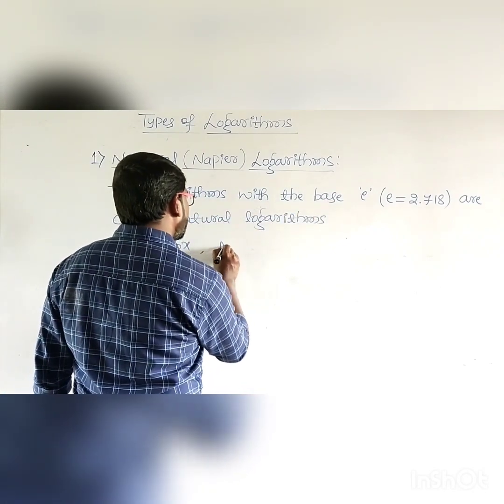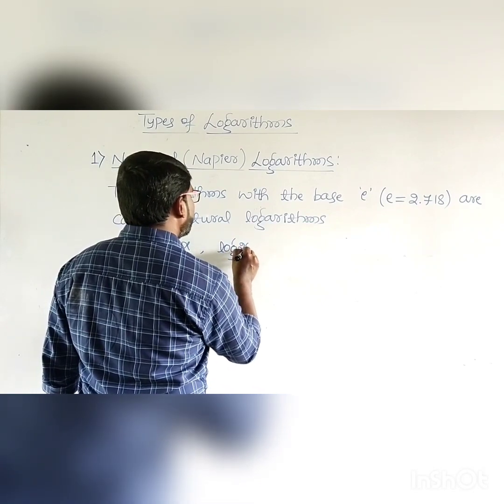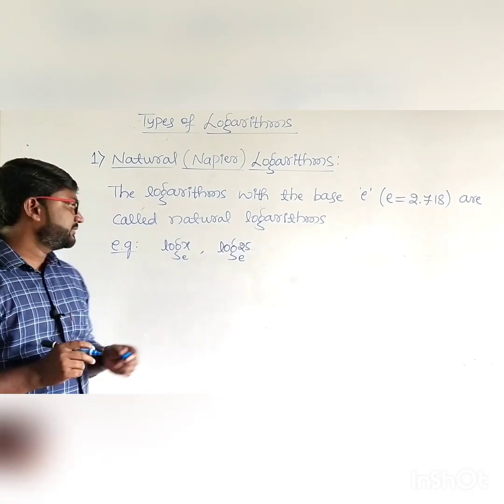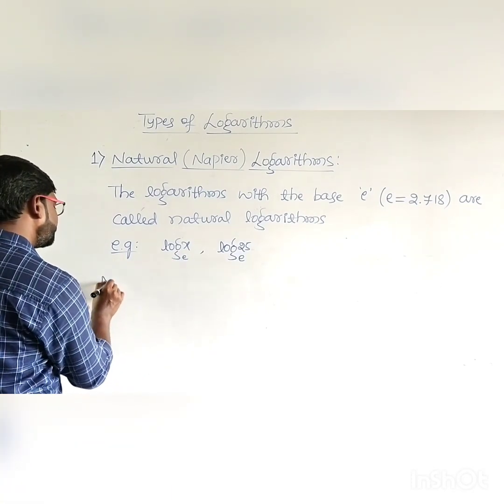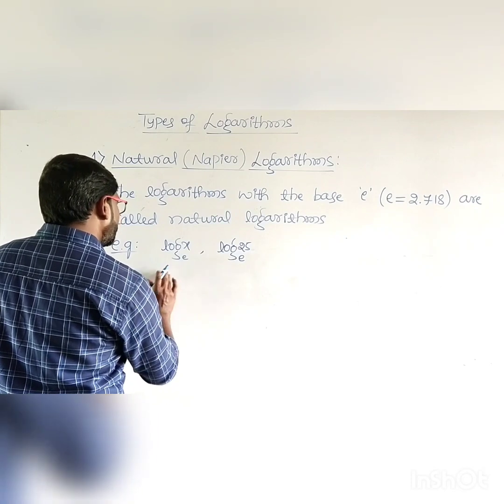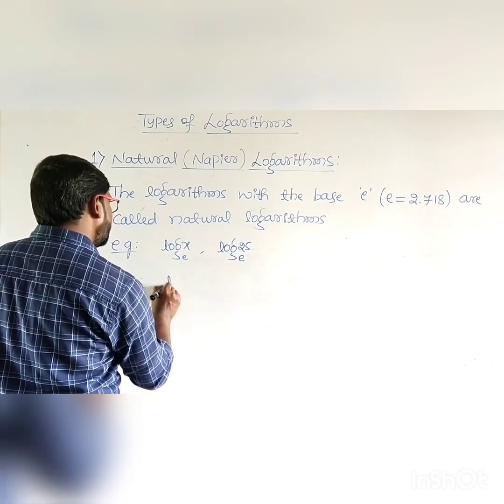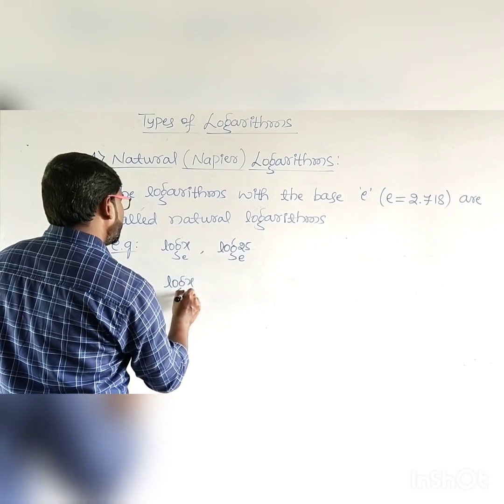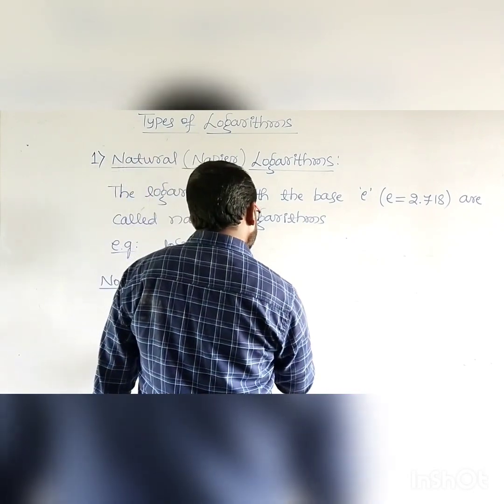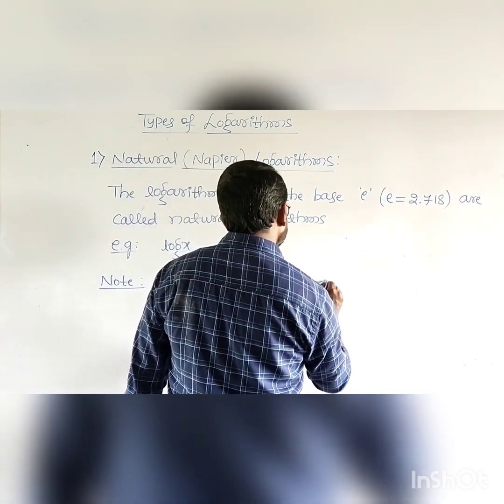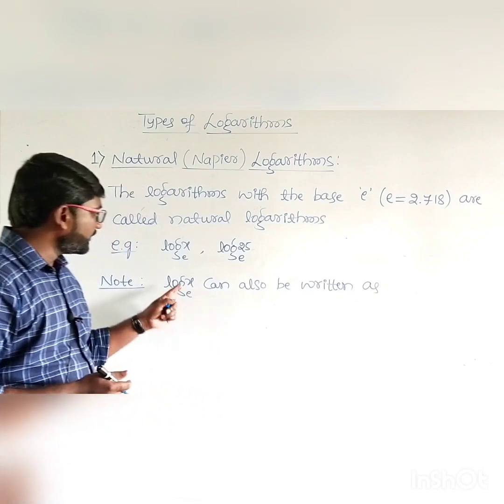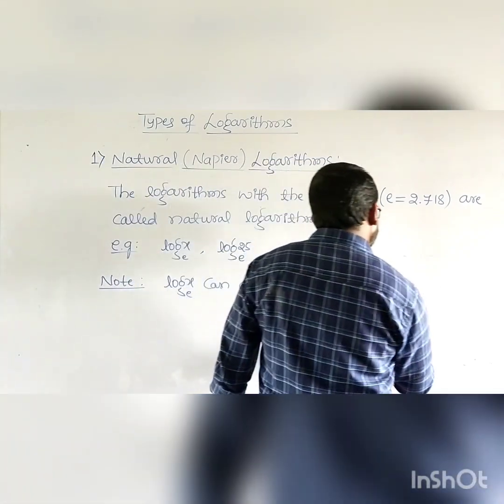And then log 25 to the base e. So these are the examples of natural logarithms. Here we have a note: log x to the base e can also be written as ln.